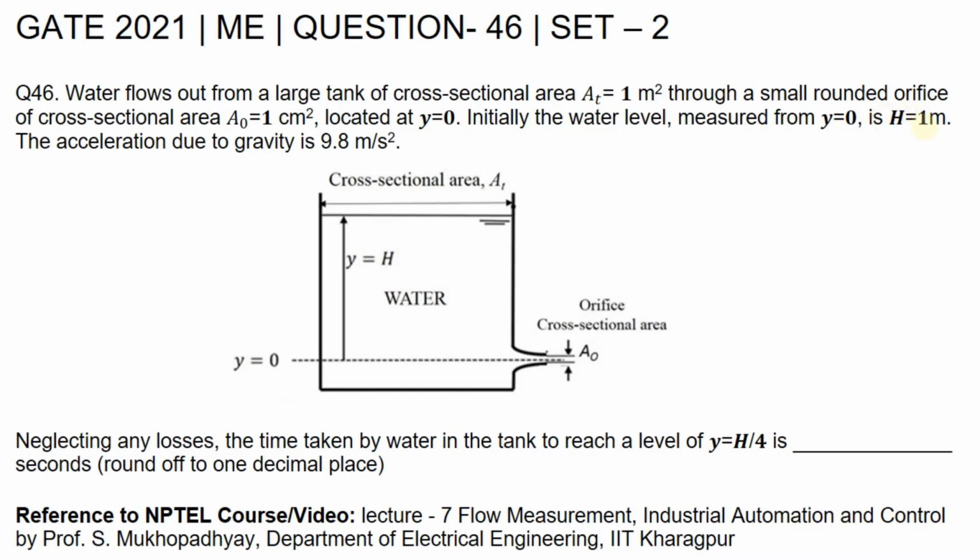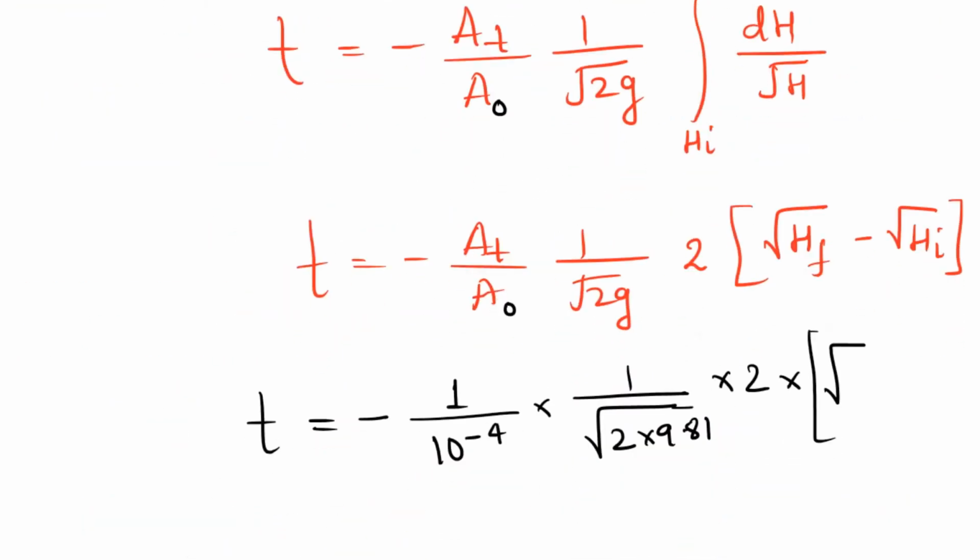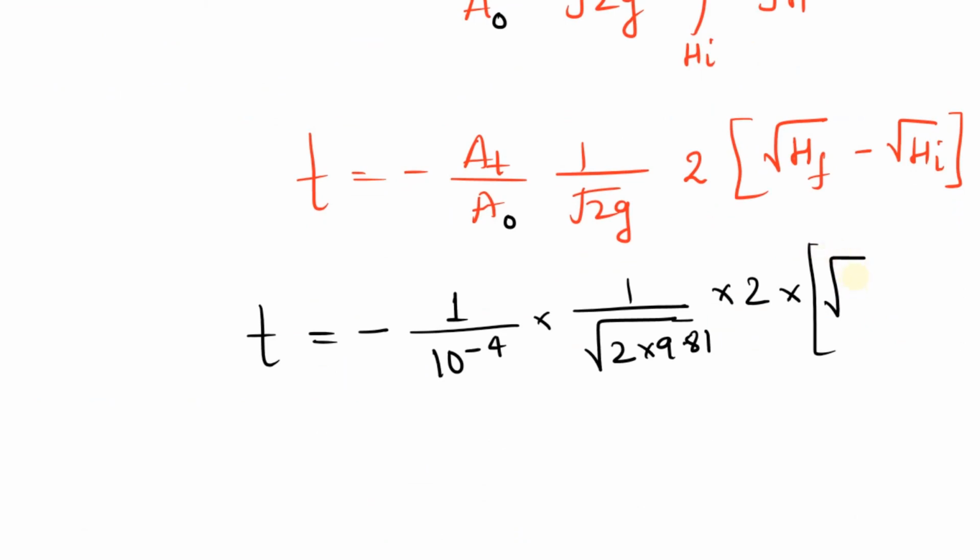The initial height is 1 meter and the final height h by 4 is 1 by 4 meter, right? So the final height is 1 by 4 minus the initial height of 1 meter.